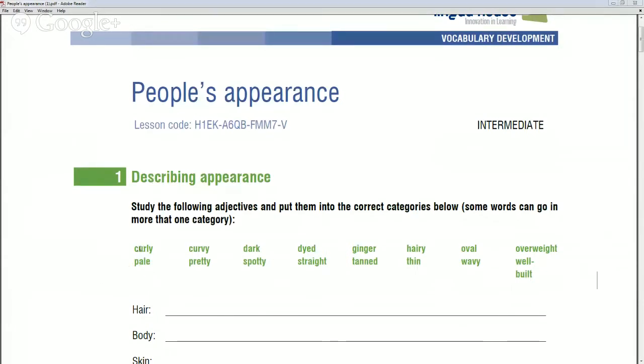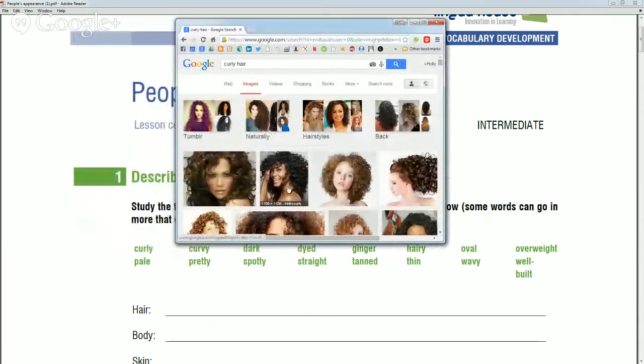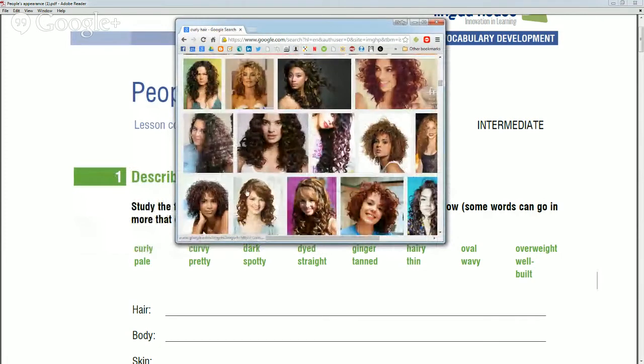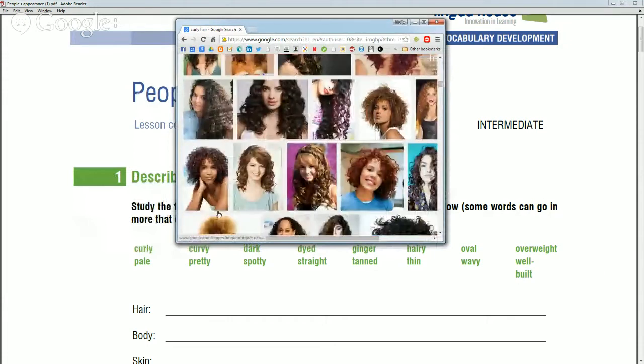So, the word curly. Did you know this word? Curly has to do with hair. So you have curly hair. Usually a woman's hair is like this. Some men have curly hair as well, but it's really wavy.